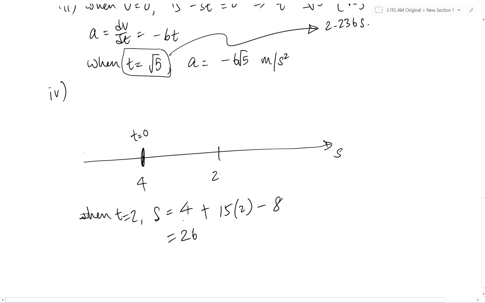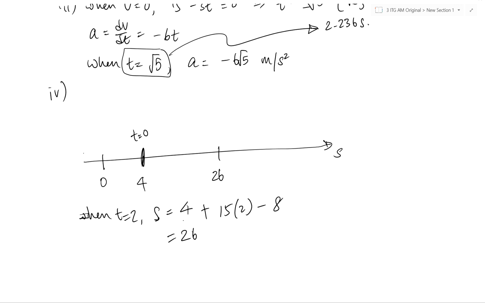Somewhere here. Take note, this is the displacement from the origin, which we earlier said is over here. Just that we didn't start the timer over here. We started the timer when he's at a displacement of positive 4.